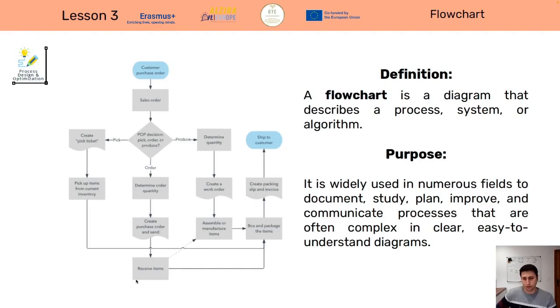It's related with receive items from the provider, okay, and then again box and package, create packing slip, and ship to customer. And if we don't produce it, we are just buying this item from a provider directly and selling, determine the quantity, create purchase order, send it, and once we receive items, it continues with the same steps. Okay.